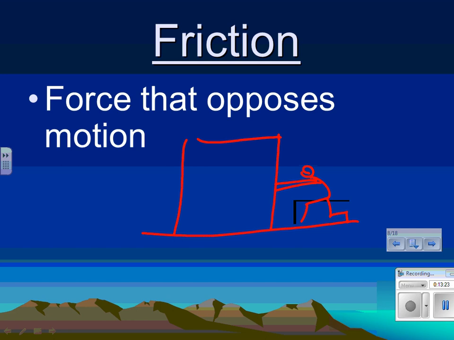If there was no friction, and this object was enormous, like the Empire State Building, I could walk up and flick it and move it. So it's not the inertia that prevents it. The inertia determines how fast it moves, but if there's no friction, I can move it. So let's say I walk up and I push on it with 10 newtons, and it doesn't move. What has happened?